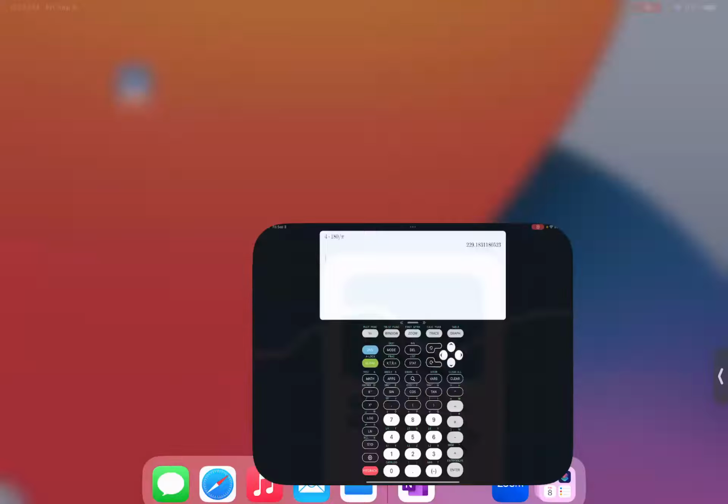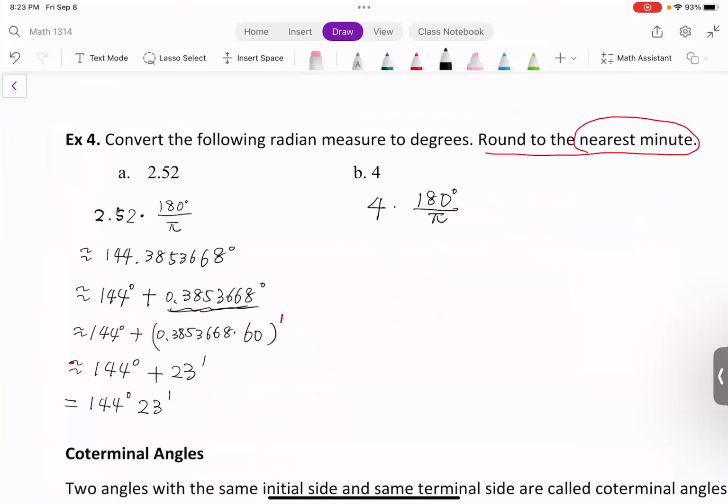So I'm having the degree is 229.1831181 some degrees. So I want to convert it to the degree and minutes mode. That means I need to separate my degree and the decimal part.